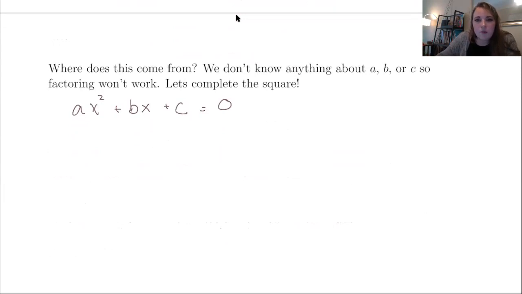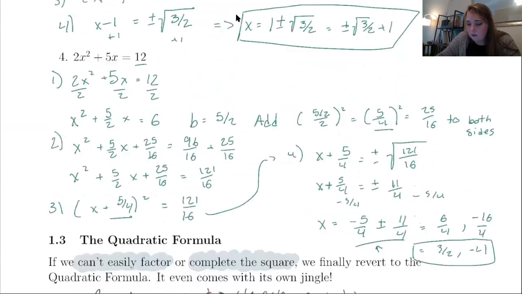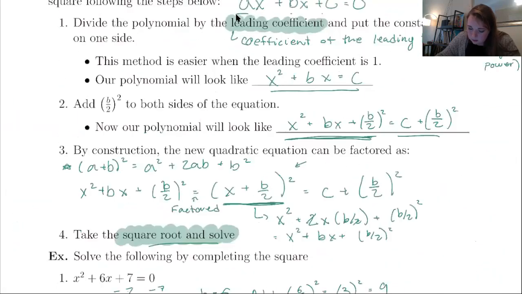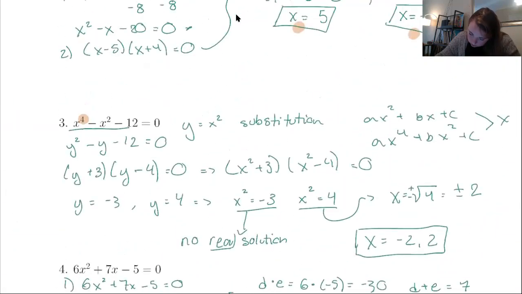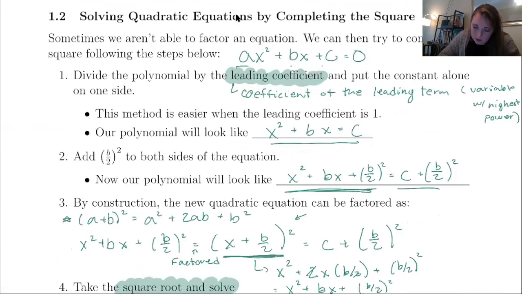What am I supposed to do first when I'm completing the square? Let's go back up in our notes and look. Where is it? So first we're going to divide the polynomial by the leading coefficient, which is a, and put the constant alone on one side.